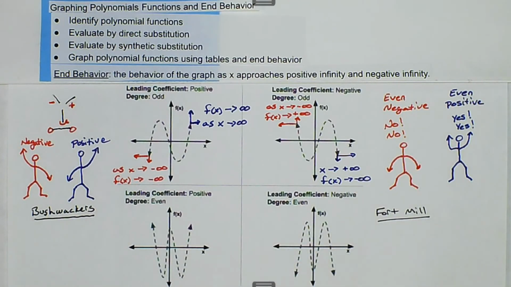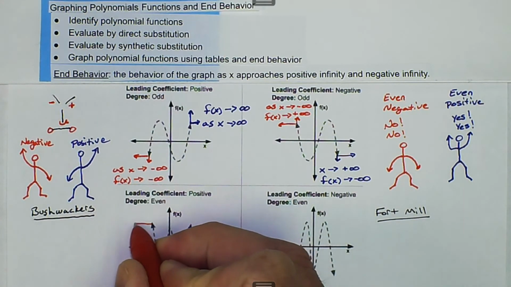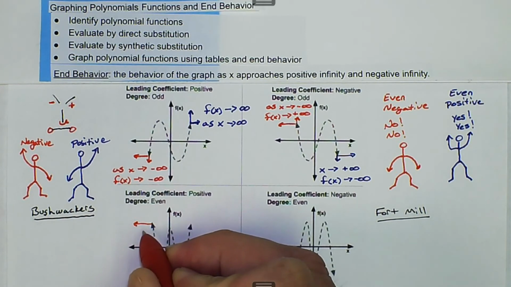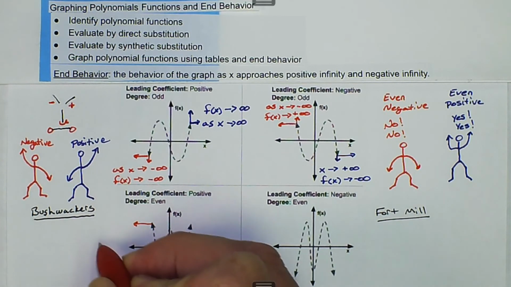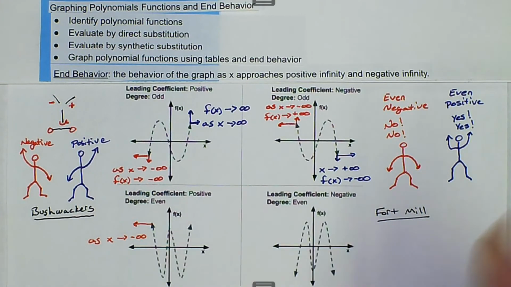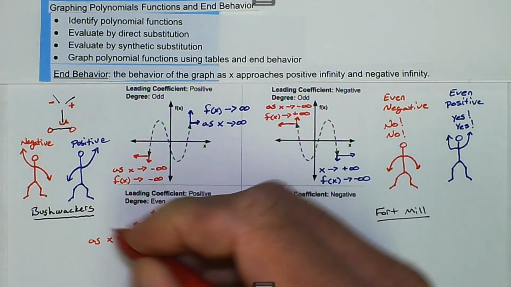So in this case, we're looking over here, and x is going to negative infinity here. So as x goes to negative infinity, what's the function do? In this case, the function goes to positive infinity.